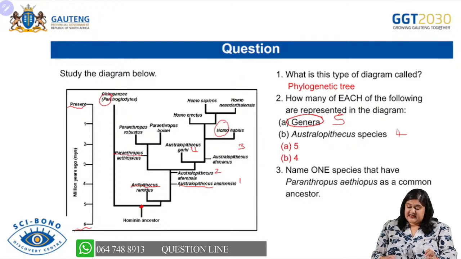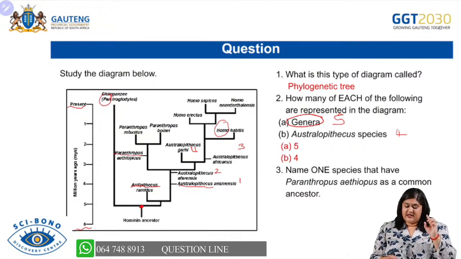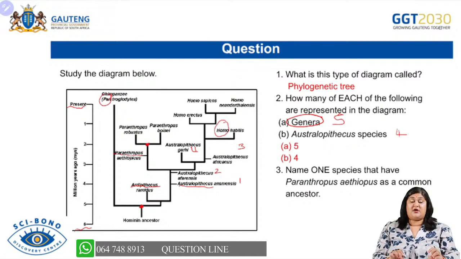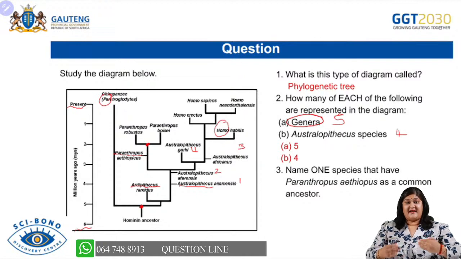Name one species that has Paranthropus aethiopicus as a common ancestor. So here we need to go to Paranthropus aethiopicus. Here it is over here, and they're telling you that this is the common ancestor, right? So essentially they're asking you who are the descendants of this common ancestor.